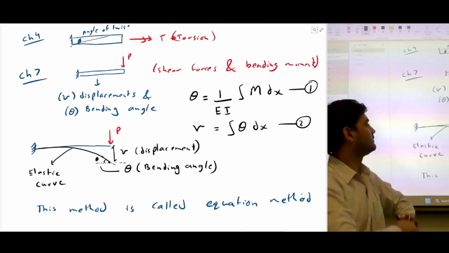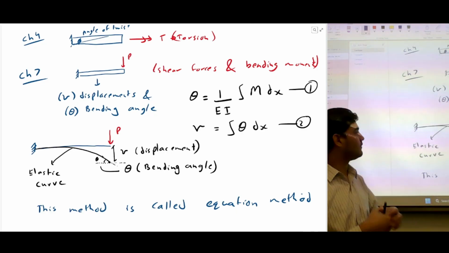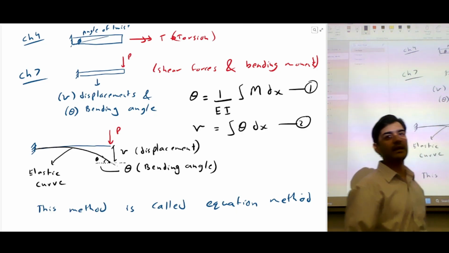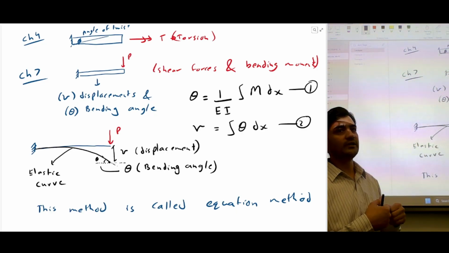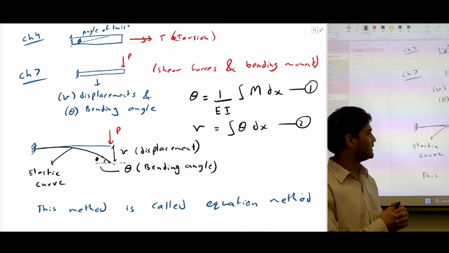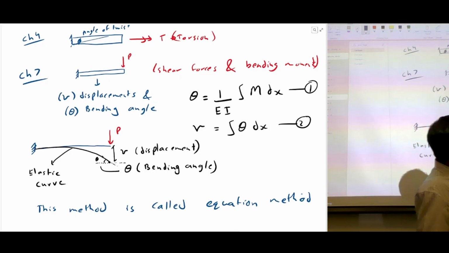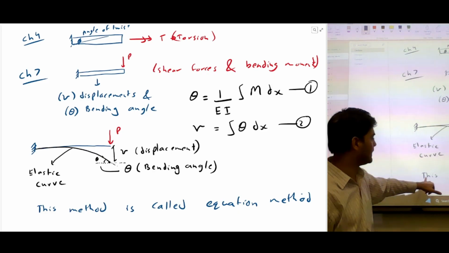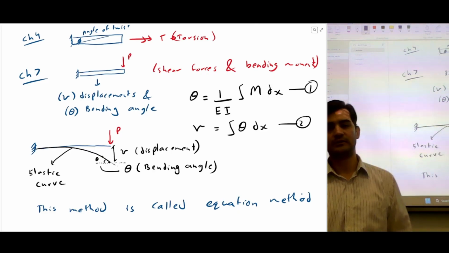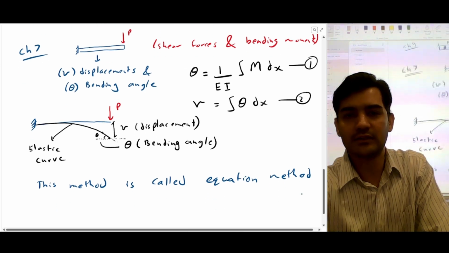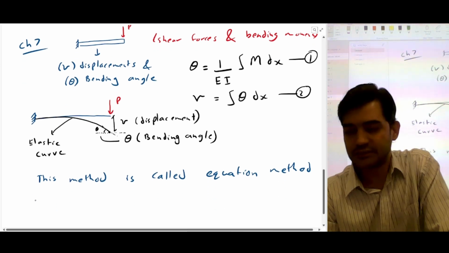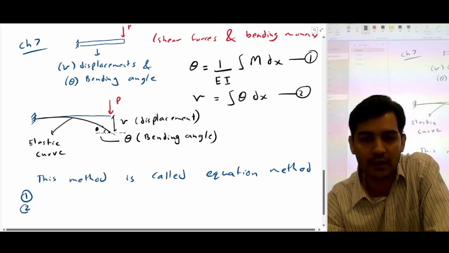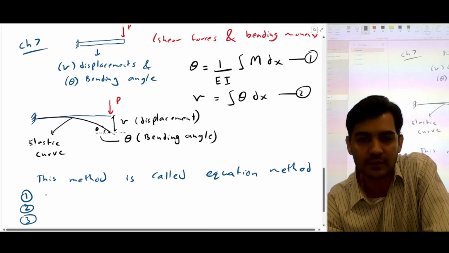So there are many different methods to solve displacements and bending angles. In order to calculate the deformation, you can use a couple of different methods. But if you're formulating the equations to solve the displacements and bending angle, then this method is called equation method. There are other methods as well. In the chapter, basically they have talked about three methods. I'm going to write these three methods.